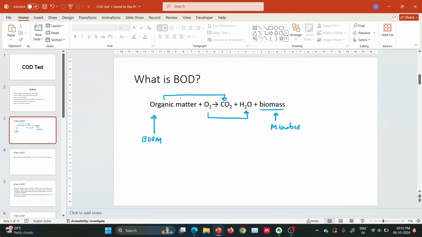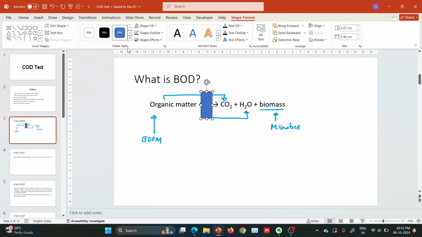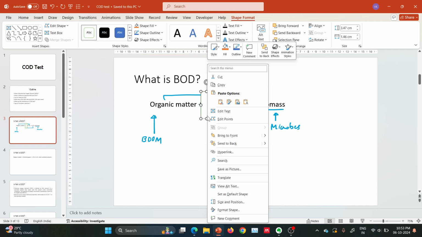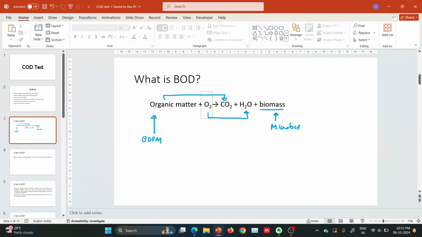So this is biochemical oxygen demand. The oxygen required in this process is called biochemical oxygen demand, or specifically, it is called ultimate BOD.